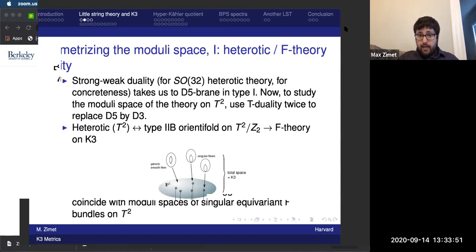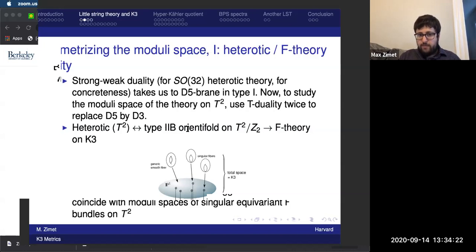Okay, so in order to understand where K3 enters into this problem, we're going to use some string dualities. Strong-weak duality replaces a heterotic 5-brane by a D5 brane in type I string theory. So now if we want to study the moduli space of this 5-brane wrapping, let's say T2 first, then we can use T-duality twice to replace the D5 brane by a D3 brane.